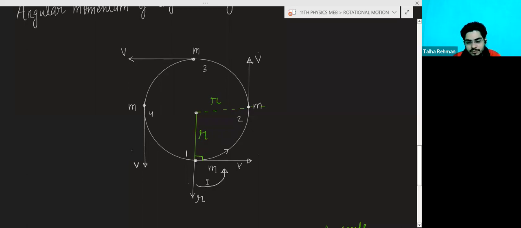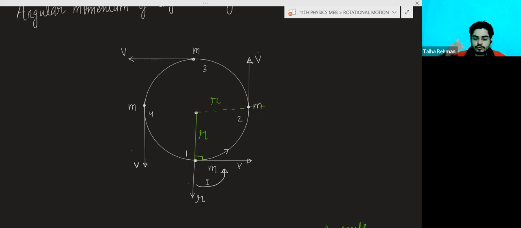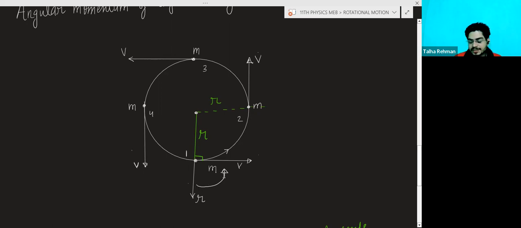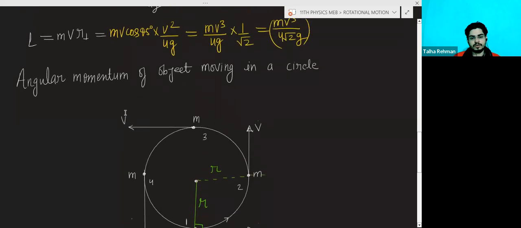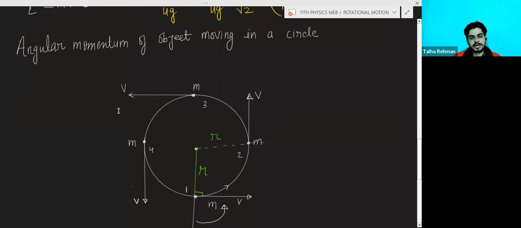Anti-clockwise and clockwise are just for identification. The real direction of the angular momentum will be along the axis. Since anti-clockwise is considered as outward, here the angular momentum is outward, at each and every point. Okay, so write down please.